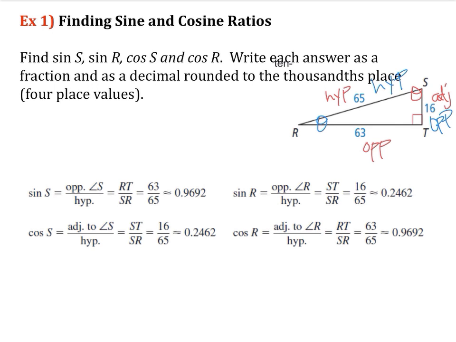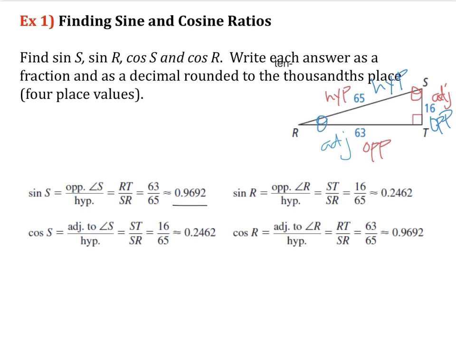Now we're going to figure out cosine of R. Cosine of R would be adjacent. Adjacent this time is RT divided by SR, which is our hypotenuse. So 63 divided by 65, type that in your calculator, and you should get decimal 0.9692. Hopefully you notice there's a pattern.